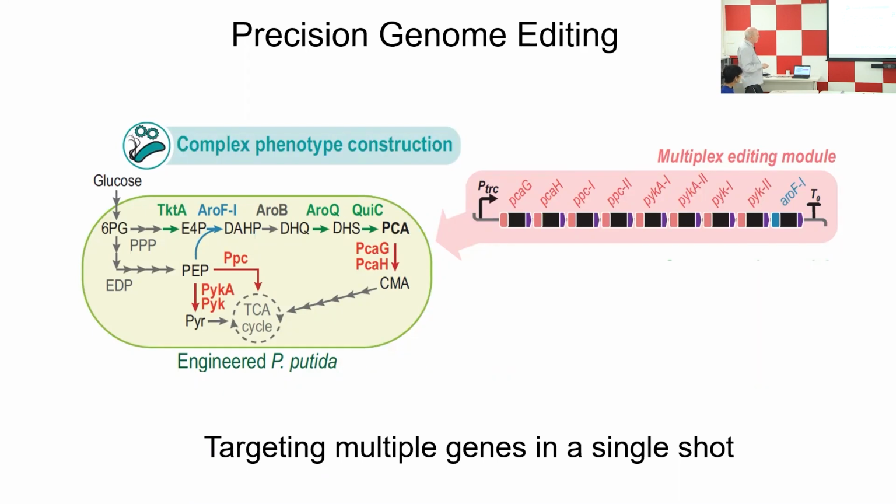So what these people did was to make this multiplexing sequence of intervening DNA sequences that corresponded to guide RNAs that were connected by these repeated sequences. This is produced as a long RNA that is processed in vivo to produce smaller guide sequences.